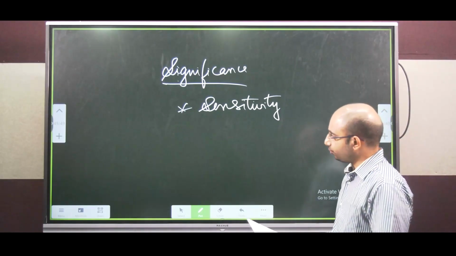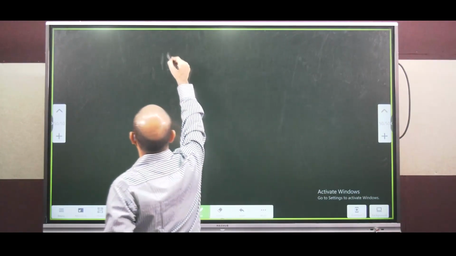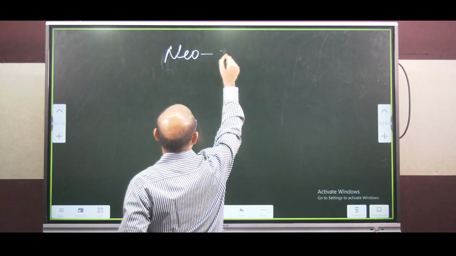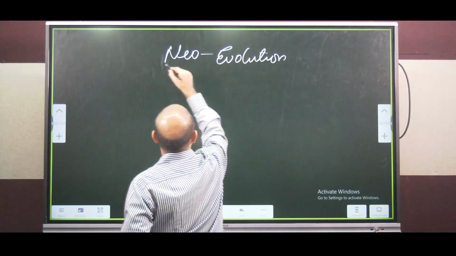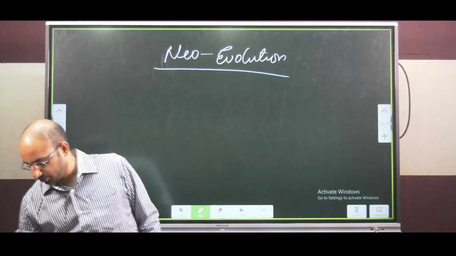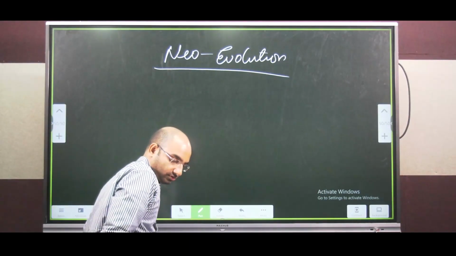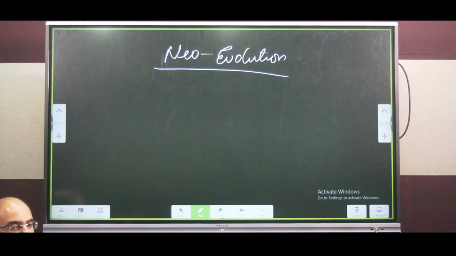Then we go to the last question of the day. This is Neo-evolution. So first, draw a brief background. What is Neo-evolution? How did Neo-evolution emerge? So first say we had classical evolution.